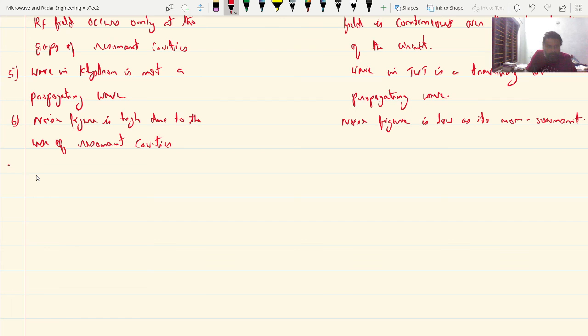Next point: for the same output power, klystron is simple, not bulky and cheap.